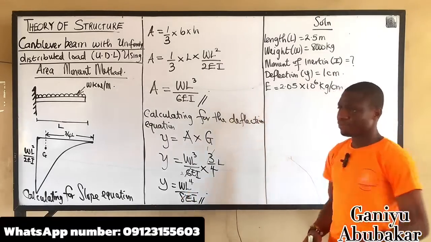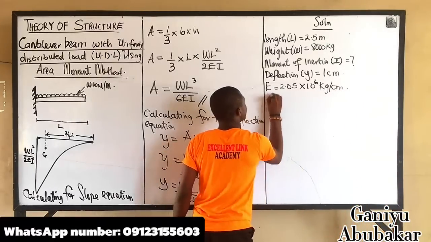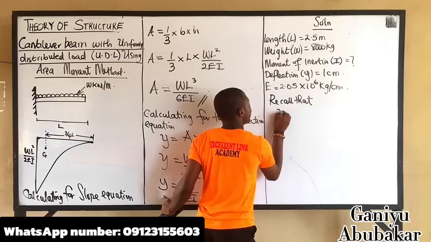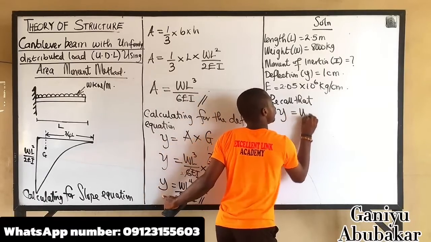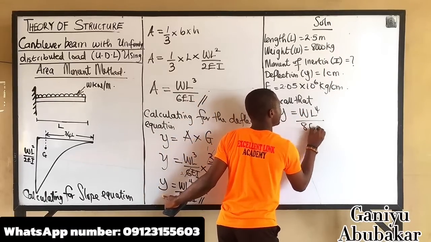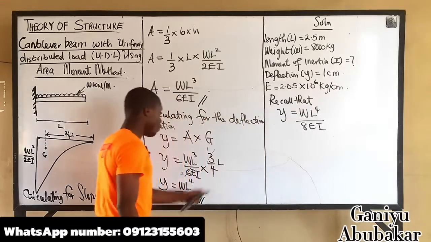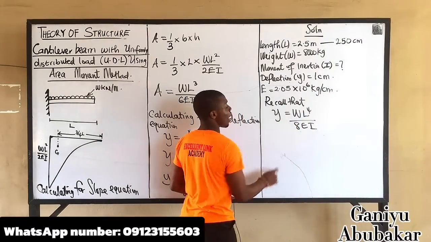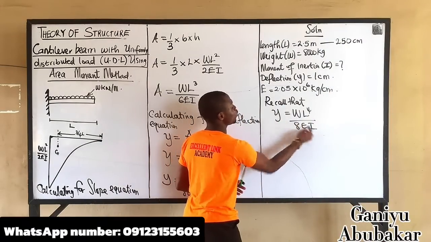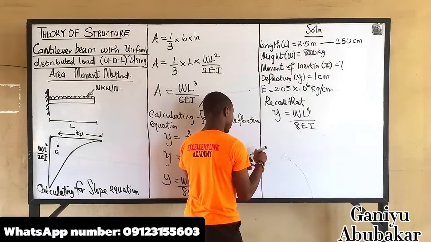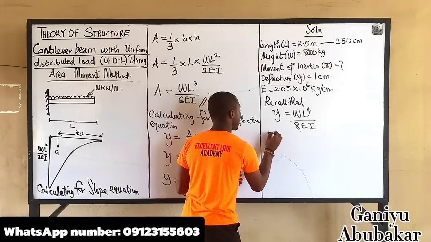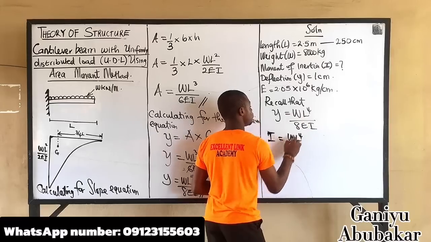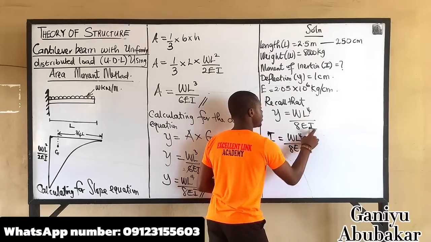From here, record that we said the deflection Y is equal to WL to the power 4 over 8EI. I'm looking for I, so just swap this. Pick I outside first. So I is equal to WL to the power 4 all over 8EY.